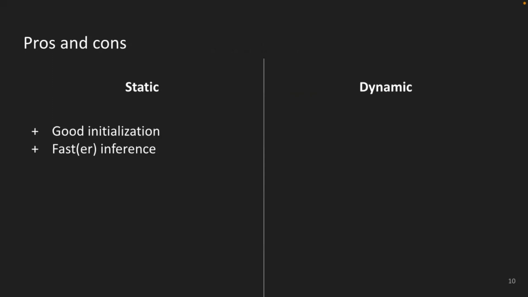Okay, pros and cons overall of the two. I guess we can draw a sort of line. In the static part, what is good is that you have a good initialization, so you are building a model that by design can generalize. And usually the inference is pretty fast, because you take your model and you apply it.